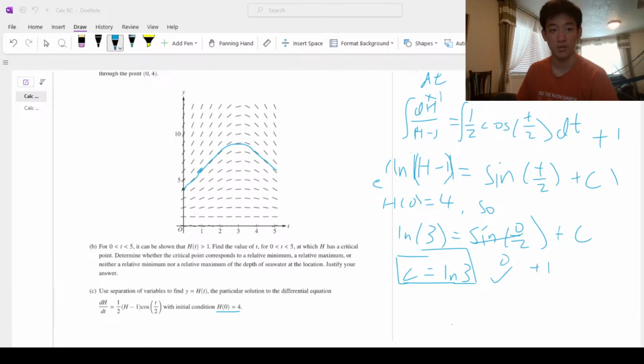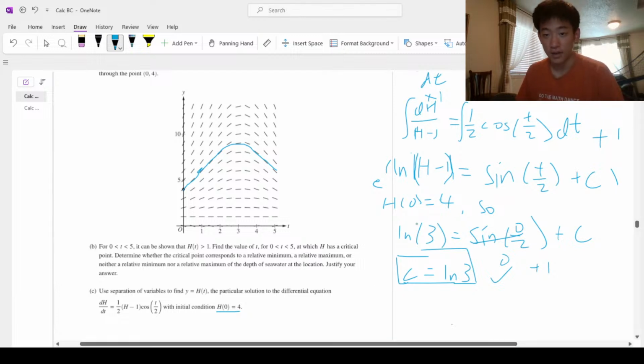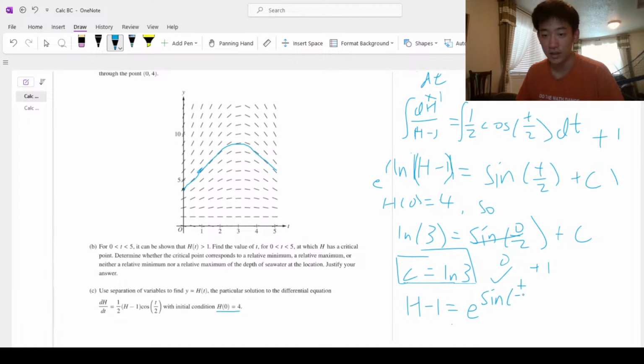Okay, so you raise e to the power of both sides, and then you get that h minus 1 equals e to the power of sine of t over 2 plus ln of 3.